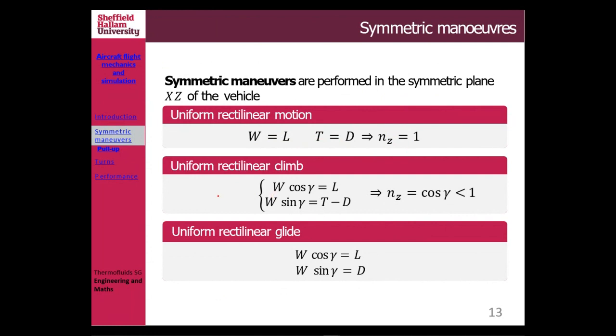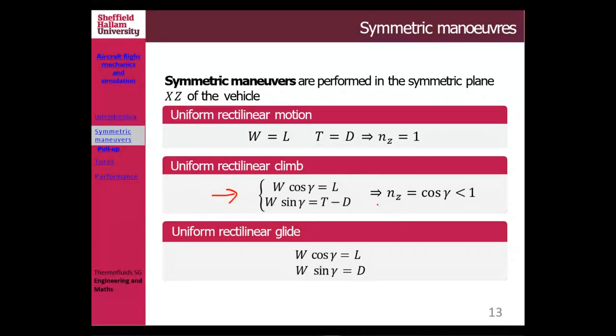But of course, we talked about this already in climb. When you do the climb, lift equals W cos gamma, and in the x-axis, T minus D equals W sine gamma.